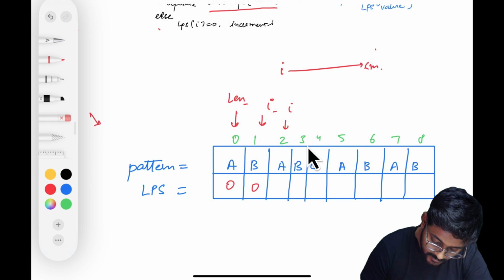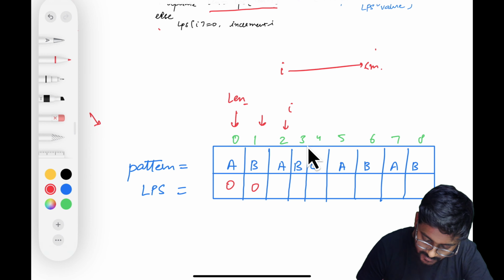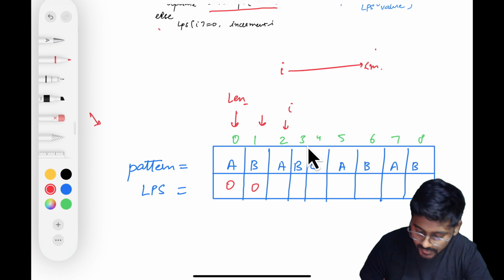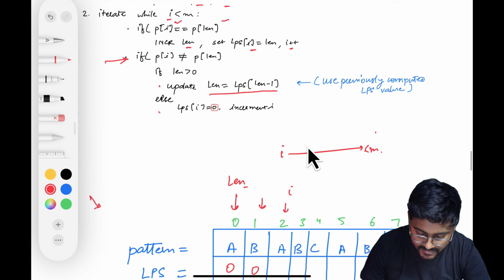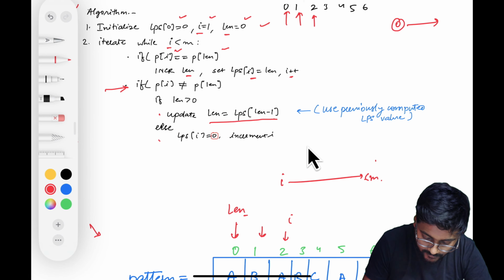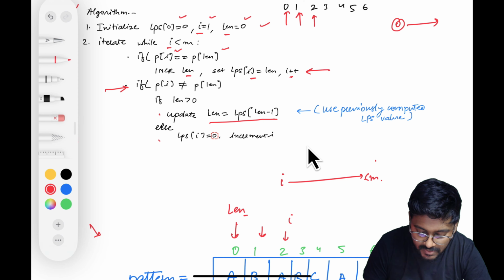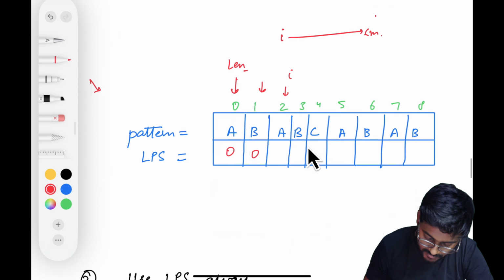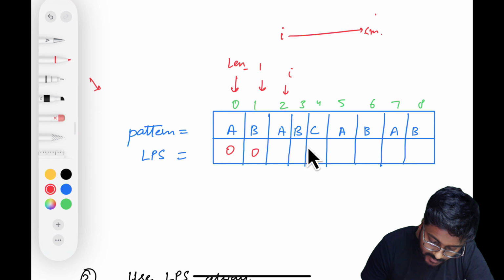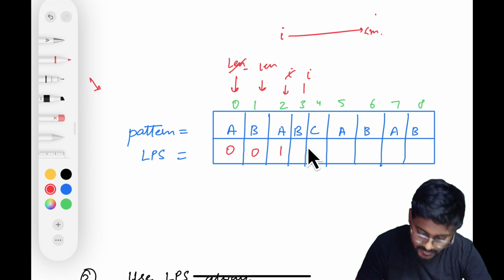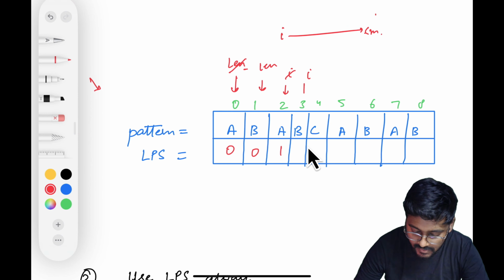I is incremented. Now we have to compare the I value and the length value. Both are A in this case. If both are the same, then we follow this statement: increment length, set LPS of I equal to length, and then I++. Firstly, we increment length, update the LPS of I value with the length, which is 1, and then increment I. This is the previous I, and this is the current state.